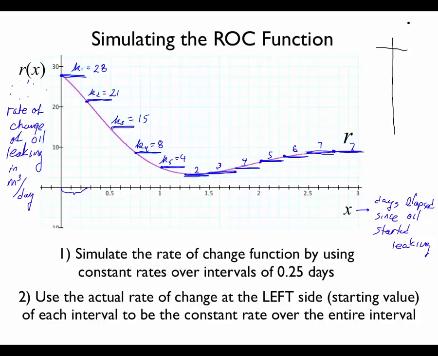So we're building a table version of the right graph. What's the input into that? Same input variable. And what will the output be? Total oil leaked after x days. So R is usually rate, so we could use Y. That's fine.